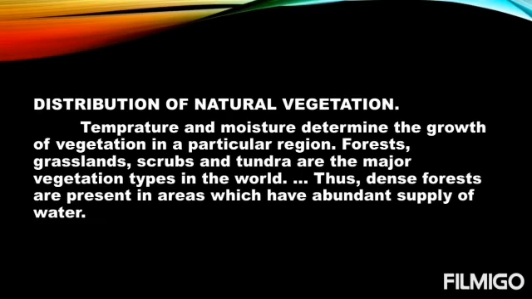The next main topic is distribution of natural vegetation. Temperature and moisture determine the growth of vegetation in a particular region. Forest, grassland, scrubs and tundra are the major vegetation types in the world.